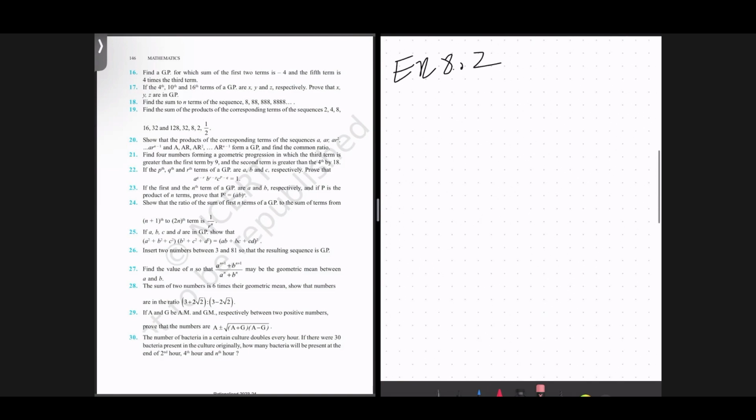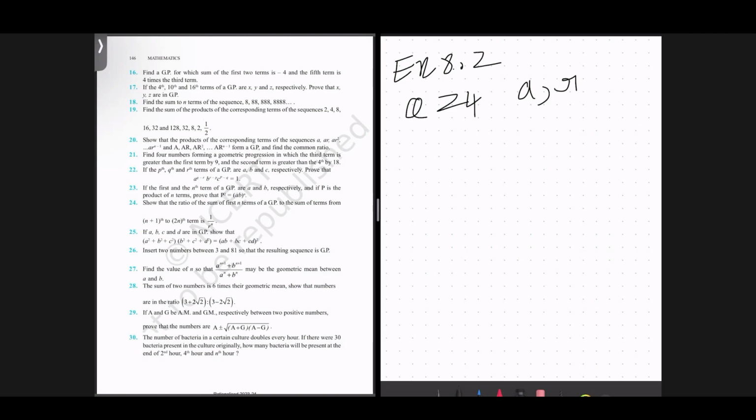Correct. Moving on, in question number 24, we have to show that the ratio of the sum of the first n terms of the GP to the sum of the terms from n plus 1 to 2n is 1 upon r raised to the power n. So in question number 24, let us assume the GP to have the first term as a and common ratio as r.